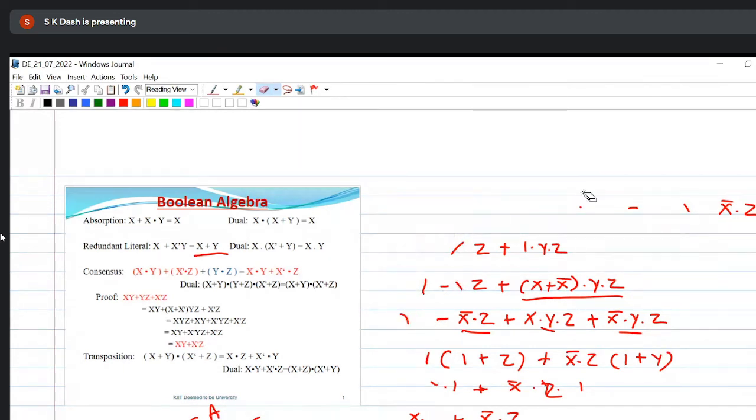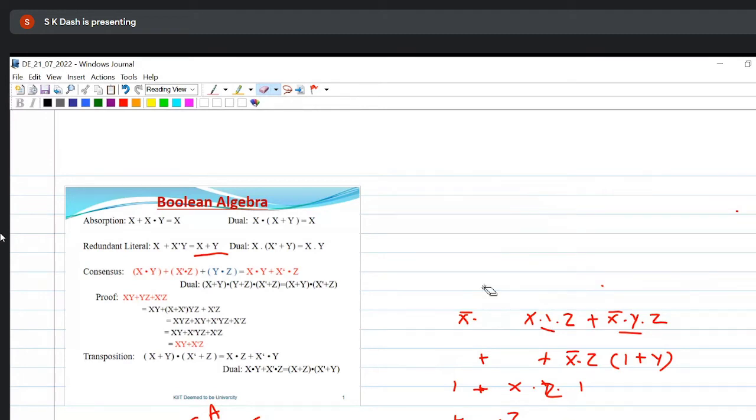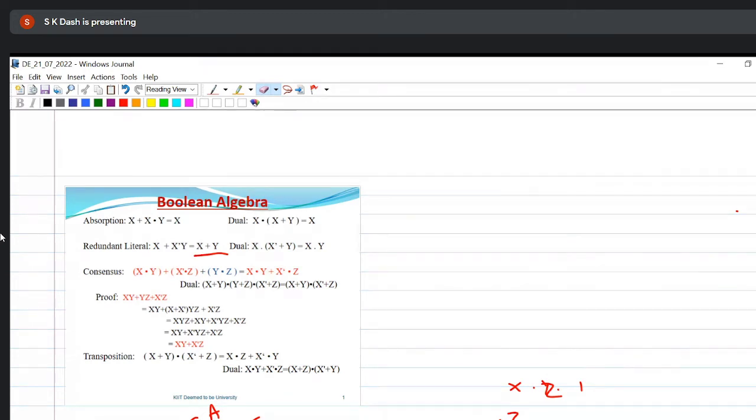Okay, so can you prove that? Just open that bracket, nothing else. So x plus y dot x bar plus z. One second. So as per transposition, x plus y dot x bar plus z.